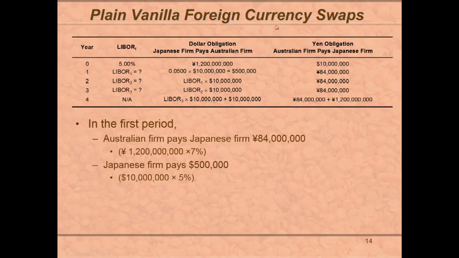So if you look at one party, the Japanese firm pays out 1.2 billion yen and receives $10 million. Now at the end of the period, he returns the 10 million which he received at the beginning, and he receives back his 1.2 billion yen. So there's no forex risk involved.